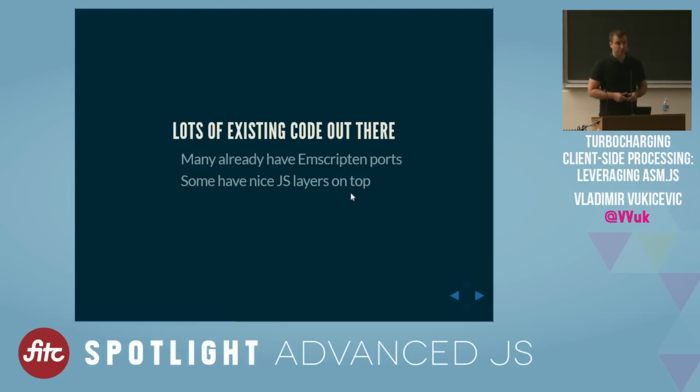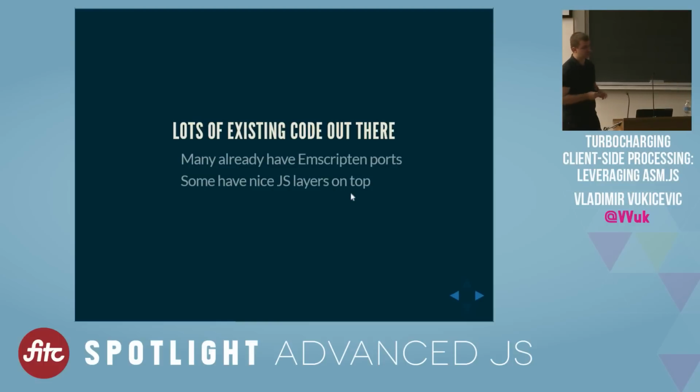In many cases, they actually created some nice JS layers and JS wrappers around these so that you could have a nice interface. Even accessing an asm.js C++ module from JavaScript is a little tricky, a little bit gross. But you can write a nice JS wrapper around it, at which point it starts to look a lot more like your typical JS library with some nice helper functions, things like that.